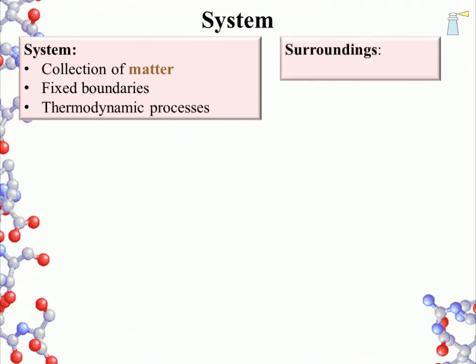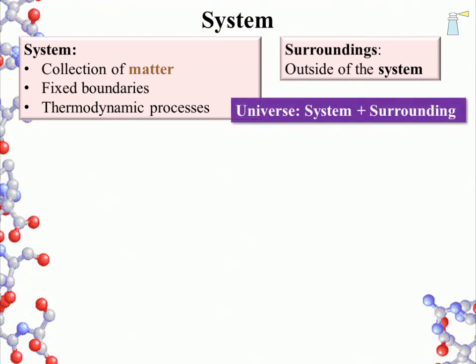Contrast system with the term surrounding. It is everything outside of the system. Any piece of matter is either in the system or it is in the surrounding. As such, the universe is composed of the system and the surroundings. If something is in the universe, it is either in the system or in the surrounding.